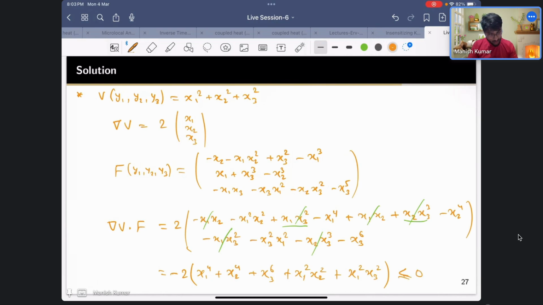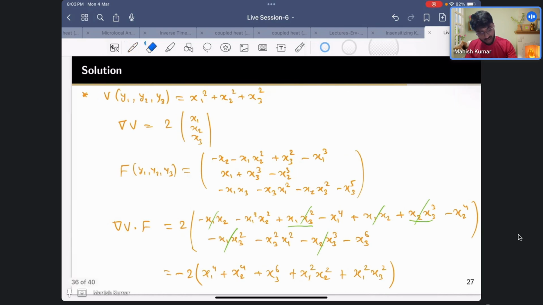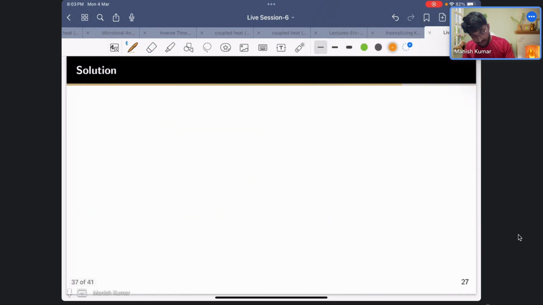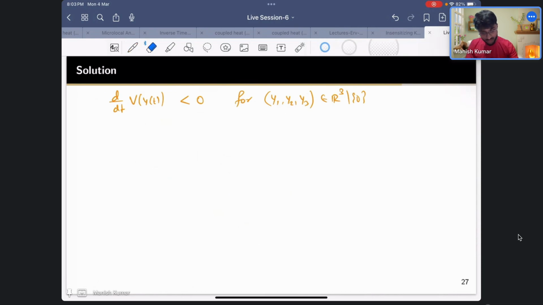In fact this is 0 only if all the things are 0, because all things are non-negative. So what can be said is d/dt of v(y) is less than 0 for (y1, y2, y3) belonging to R3 minus 0, and at 0 it is anyway 0, so the origin (0,0,0) is asymptotically stable.